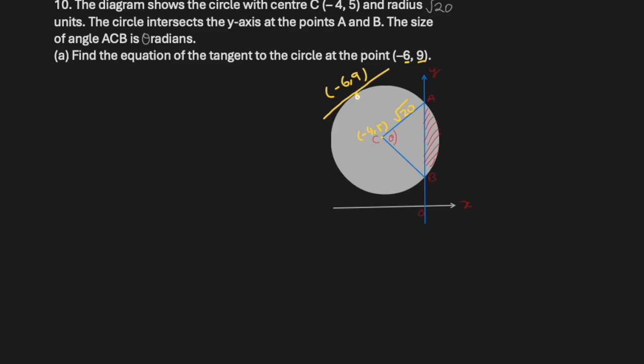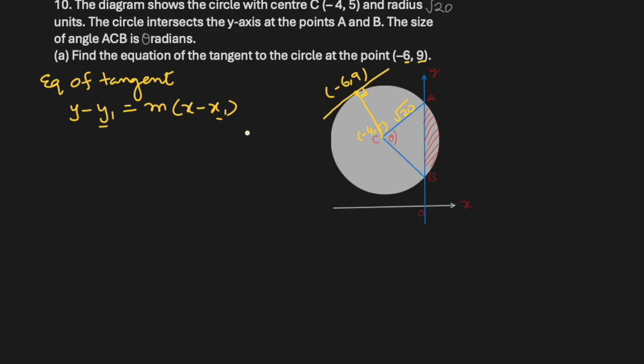Okay, so we should know that a radius and a tangent always make a 90-degree angle, right? So the plan is that the equation of the tangent, which is a line, like any line, is y minus y1 equal to m times (x minus x1), where (x1, y1) is the point where the tangent is.